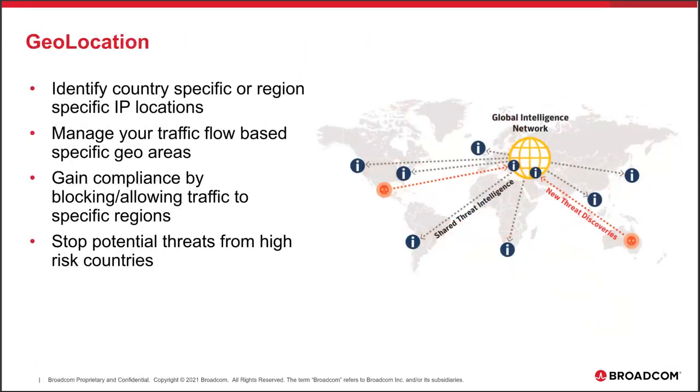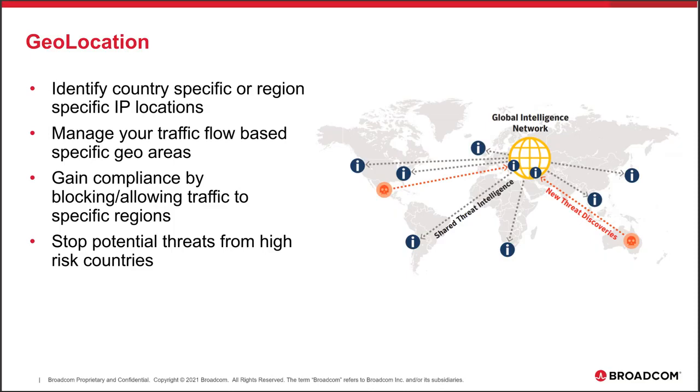And then finally, we have something that's quite unique to the market as well, and that's geolocation. Geolocation is really interesting. It's one of those tools that you perhaps don't even know you have, but it provides you a really unique way to be exacting and possibly minimize risk and increase compliance on your network.